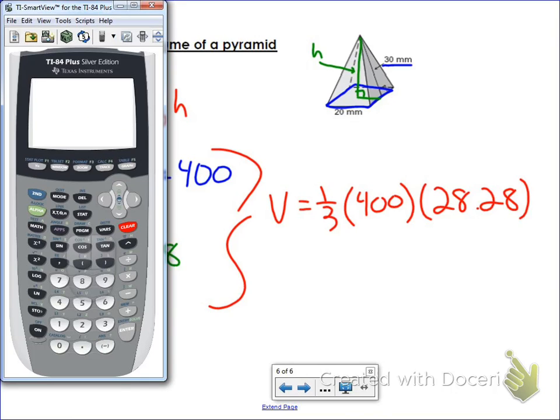So get our calculator, and we're going to plug this in just the way it looks right here. 1/3 is just 1 divided by 3, so I'm going to use my parentheses and do 1 divided by 3. Close my parentheses. New parentheses, just to put in 400 here. Close those, and then do 28.28 as well. This is just going to multiply everything for me, and it's going to give me an approximate answer. So after multiplying this out, I get approximately 3,770.6 repeating. We'll go ahead and call this 3,770.67.